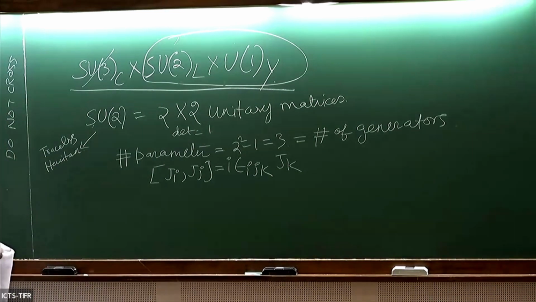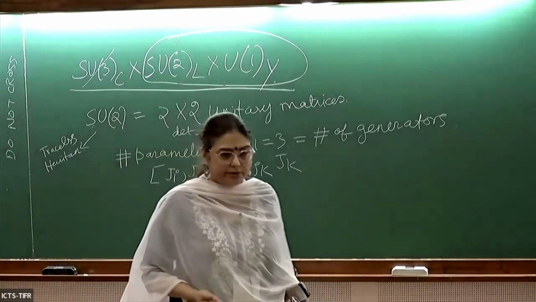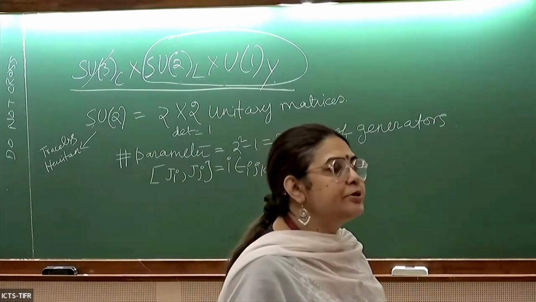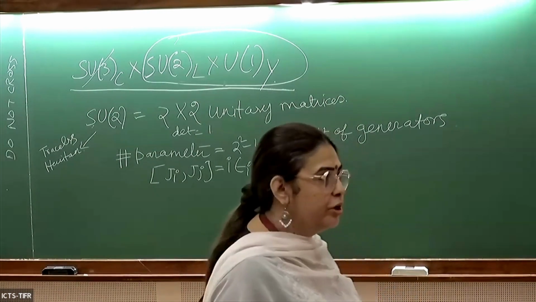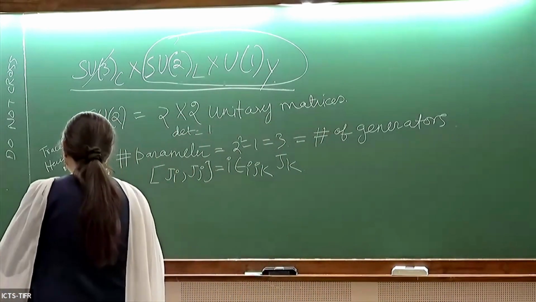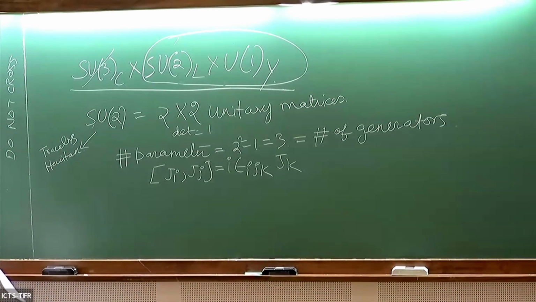So when we talk about fundamental particles, what are they? The fundamental particles are actually the irreducible representations of the group SU(2). So when we are saying a doublet, that means it is transforming under the two-dimensional or the fundamental representation of SU(2).